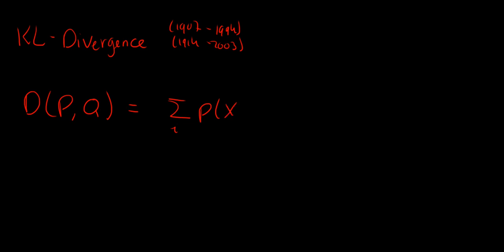So we're looking at the probability of X, and let's say we're looking at a value inside our P distribution, so pi is a member of P. This is multiplied with the 2 log of pi divided by qi.